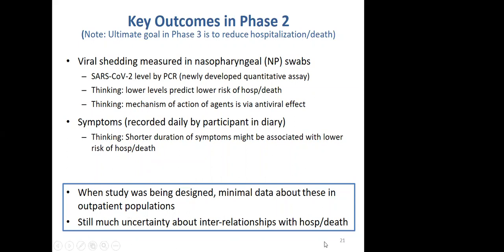And even a year or so later, there's still a huge uncertainty about the interrelationships between these markers and hospitalization or death. It's notable that the FDA still hasn't made a move on saying much about the viral markers or the symptom outcomes as potential surrogates for hospitalization or death. So it reflects still a lot of uncertainty here.